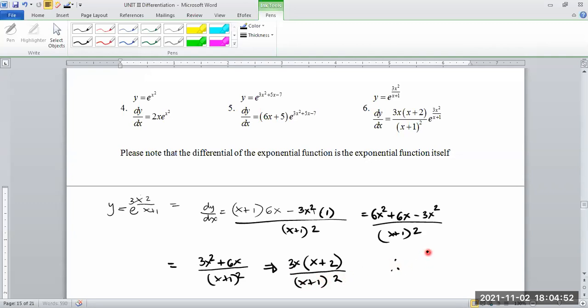Therefore, my final answer is 3x times x plus 2 all over x plus 1 all squared, times e to the 3x squared over x plus 1. So this is what dy by dx is equal to. Question? Clear now? Yes, sir. All right, good.